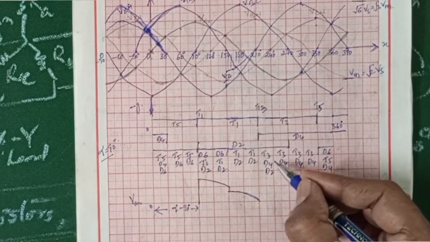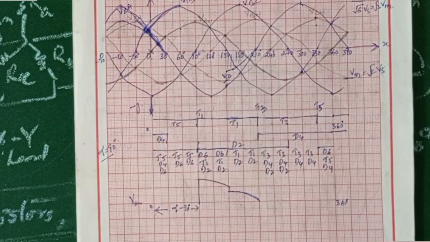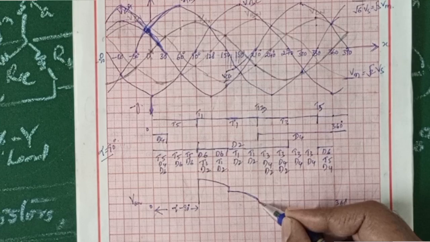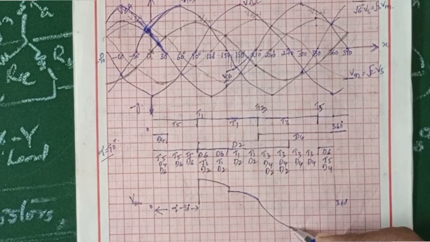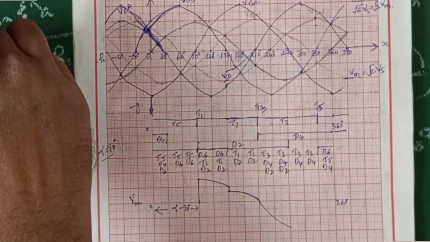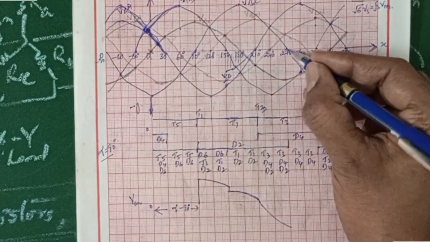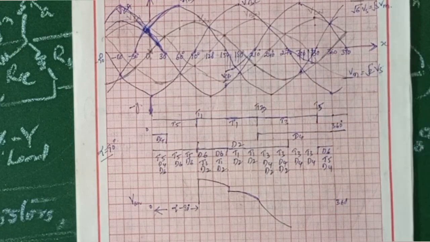Then here T3, D4 and D2 are connected. 3 devices are connected here. And T3, D4: half of the line-to-line voltage VBC. This is VBC by 2.